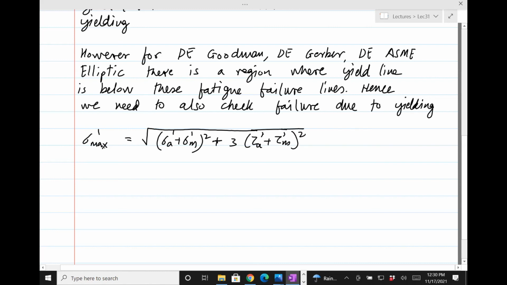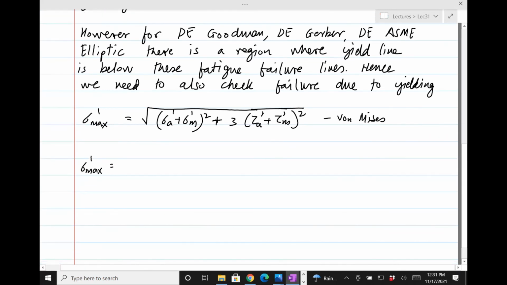So this is basically the von Mises criterion, right? If you know the principal stresses, sigma and tau, then the von Mises stress is the square root of sigma squared plus 3 tau squared. The only change I made here was I substituted sigma as the alternating part and the steady part, sigma M. Now, what we can do here is simplify this in terms of MA, MM, TA, TM.